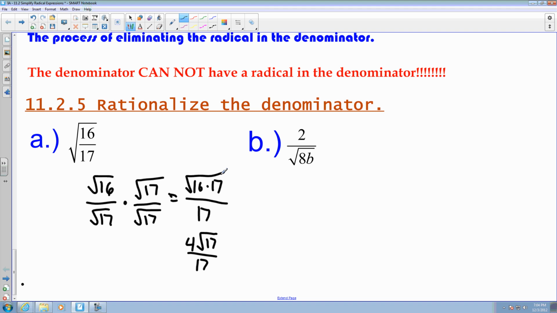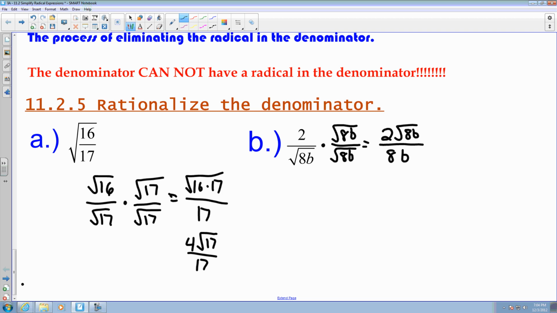So let's look at B. What I'm going to do right off the bat is multiply both the numerator and denominator by the value of the square root in the denominator, which is ab, which then gives me 2 times the square root of ab all over ab.